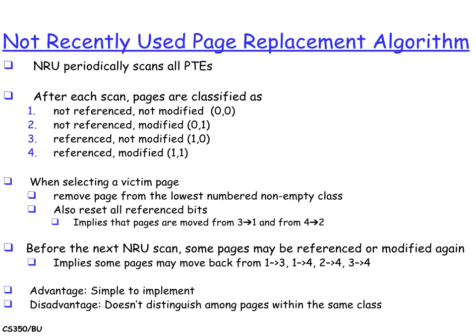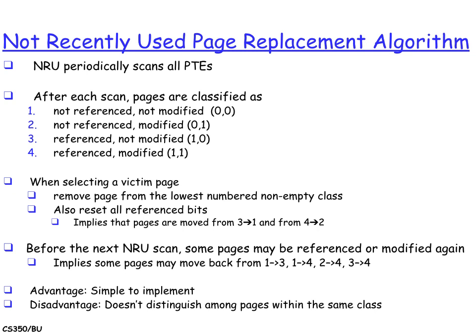So the algorithm is very simple. When the operating system has to select a victim page, it finds the lowest numbered non-empty class. So it would start from class number 1, and if that class is not empty, then it would pick a page from that class.